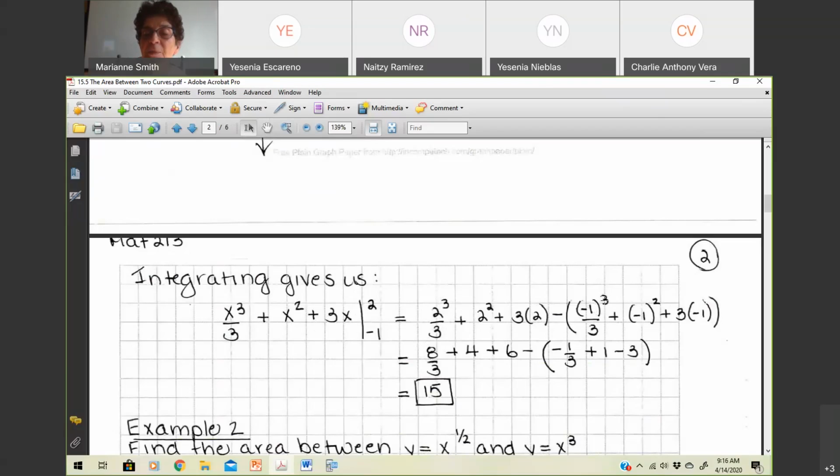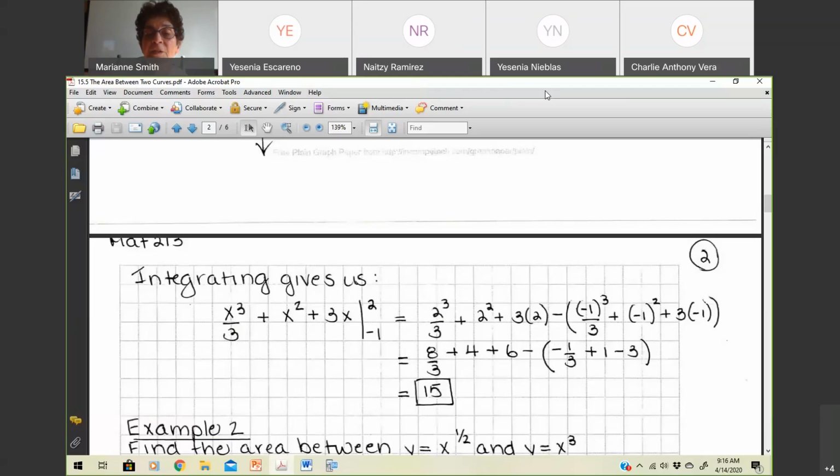Remember, whenever you cube a negative number, it stays negative. Whenever you square a negative number, it becomes positive. So this becomes +1. And then 3 times -1 is -3. So I'm showing you an intermediate step here. And then once you're done, I'd start right here, type it all in on the calculator, and let the calculator do the work for you.